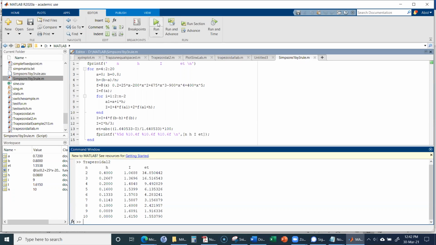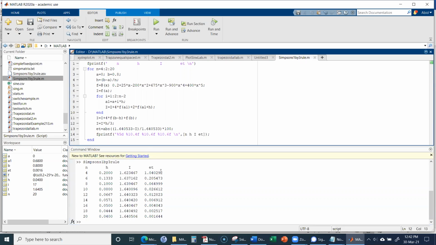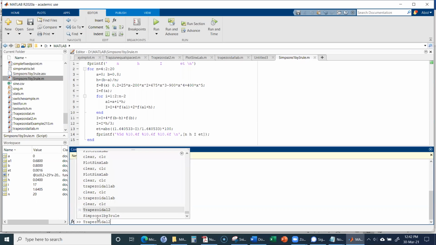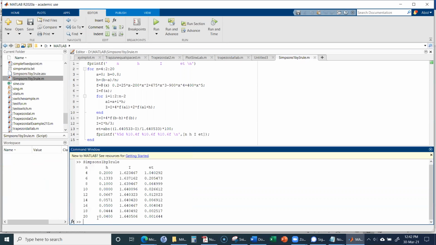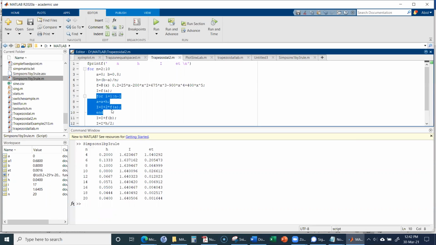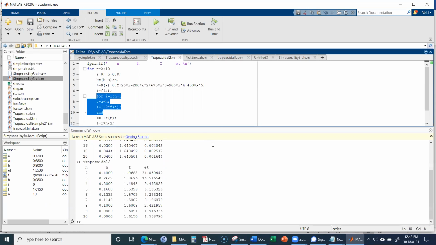If we apply this and run this command, the results from the Simpsons rule come like this. In this case, the results converge quite quickly compared with the trapezoidal rule. Let me show you the trapezoidal rule. If I run it, now you can see the results side by side.